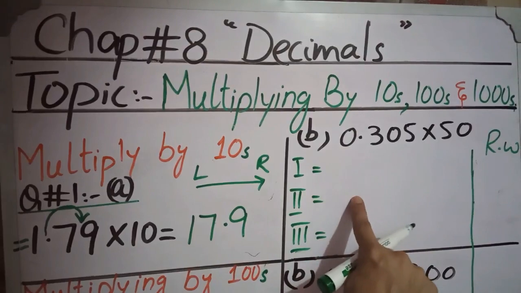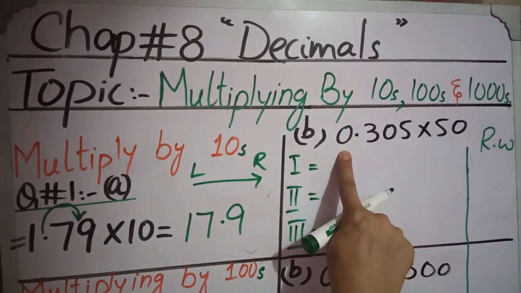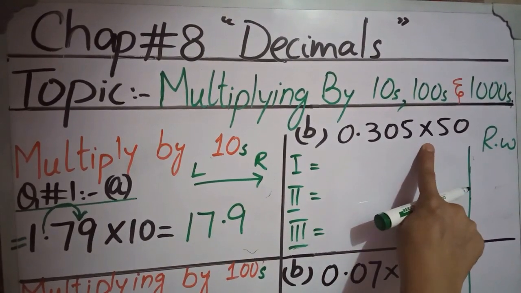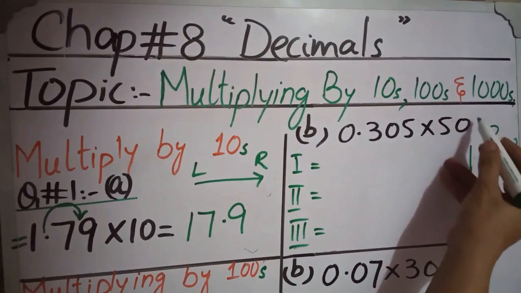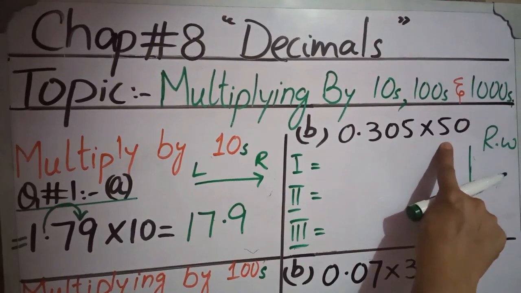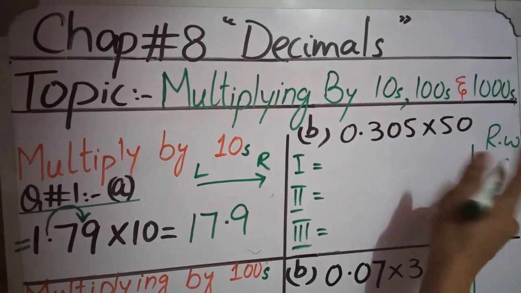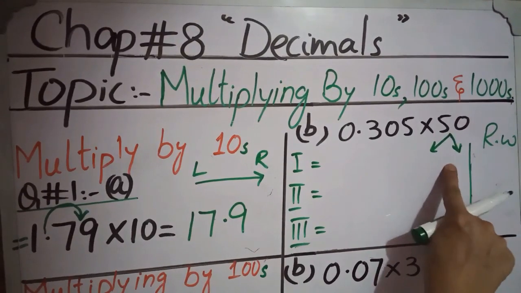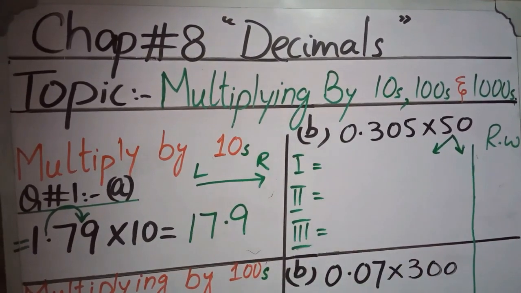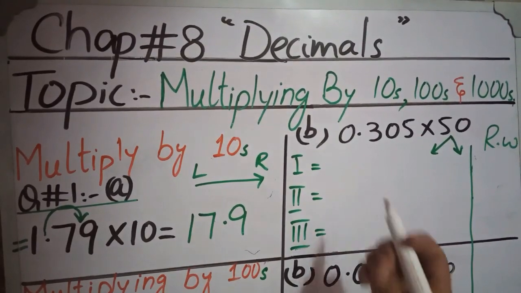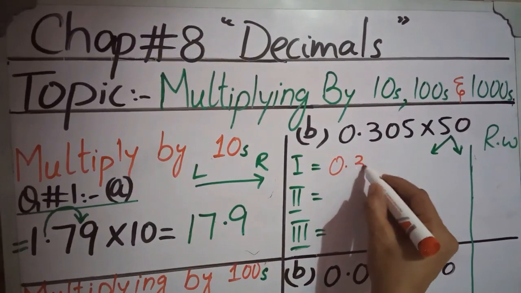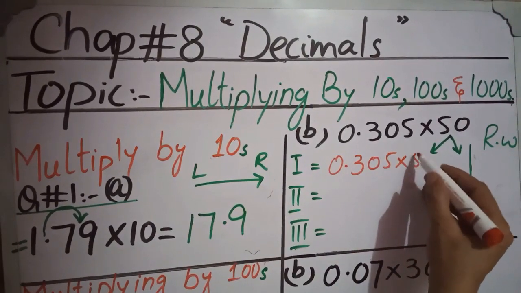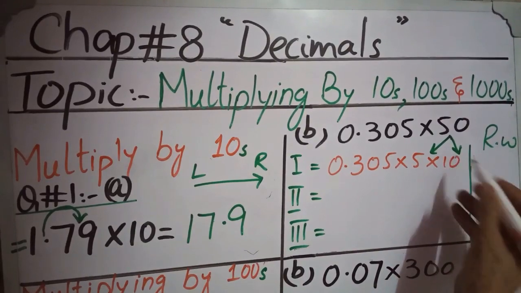But in the B part, we have the question 0.305 multiplied by 10. Now it is not 10, it is a multiple of 10, so we will split this number into multiples of ten, like this: 0.305 multiplied by 5 multiplied by 10.